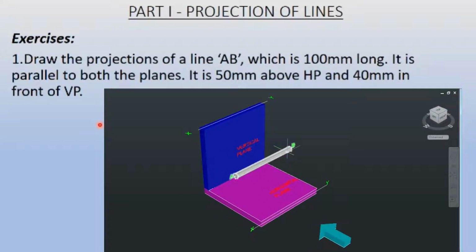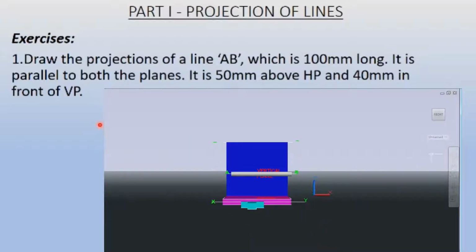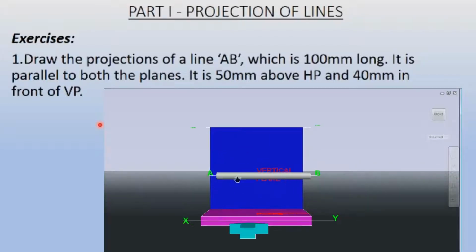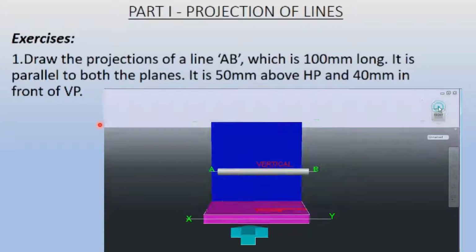Here this is our line AB, as you can see, A and B. This is the horizontal plane and this is the vertical plane. As the line is parallel to the horizontal plane, we have drawn this line in this manner. As you can see in the front view, this is a straight line which is parallel to the XY line, because it's parallel obviously.